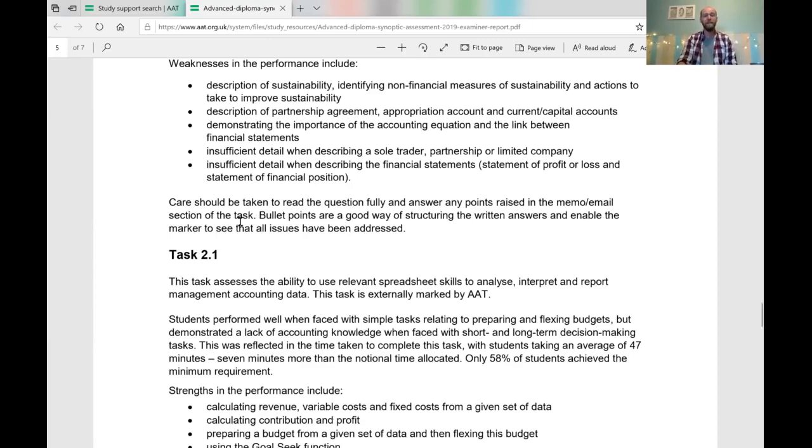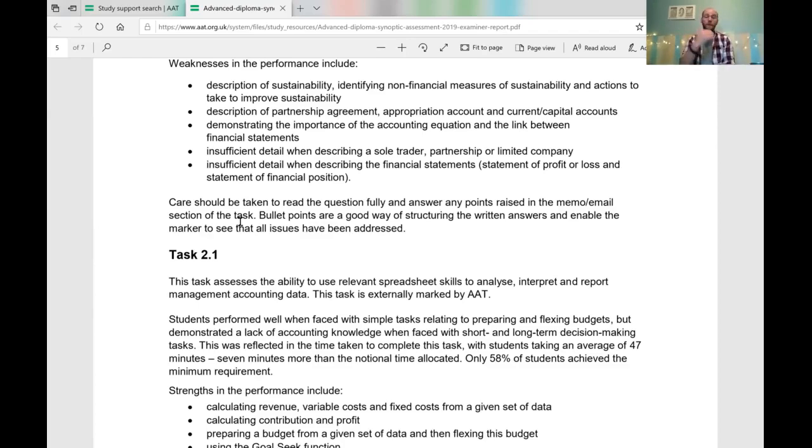And then finally here, insufficient detail when describing the financial statements. So at level 3, that is the statement of profit and loss and the statement of financial position. So again, making sure you can describe what those financial statements are, and that means including the features of those as well. What is the layout? What's included in them? Why are they used? Are there any differences for a limited company and a partnership and a sole trader?